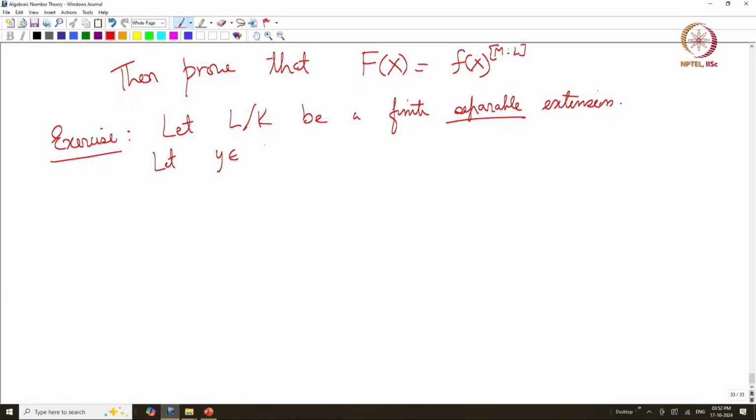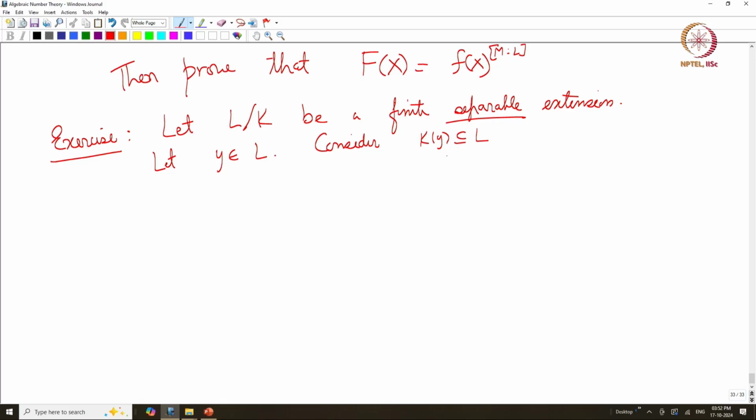Let y be an element in L. Okay. Consider this field K(y) contained in L. So, this is the smallest field containing both K and y. Okay.